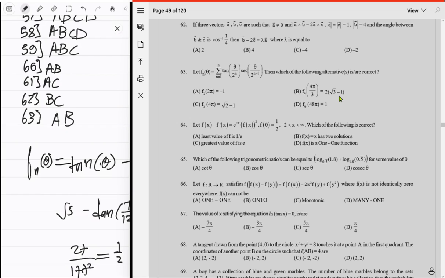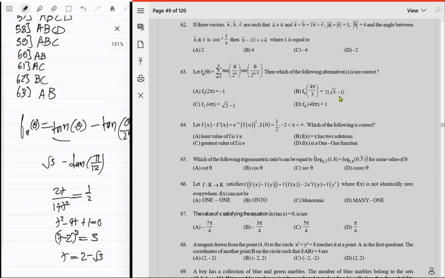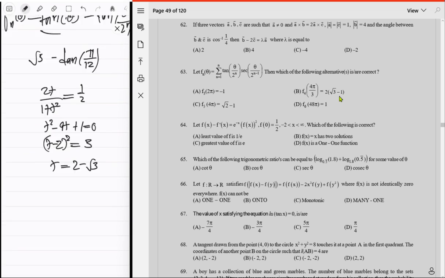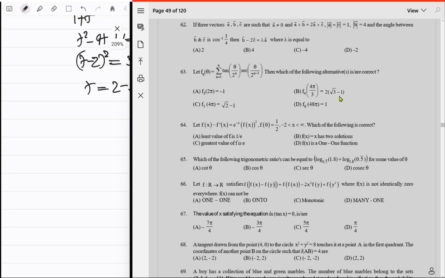Okay, C क्या है, f sub 5 of 4 pi, well ये तो मर जाएगा. What do you get? Tan of 4 pi upon 2 power 5 like 32, so just very weird. Okay, 4 pi upon 32, क्या करूँ मैं, pi upon 8, right? Pi upon 8, pi upon 8 का tan आपको ढूंढना है, just like 2t upon 1 plus t square is sine of pi upon 4, which happens to be just 1 upon square root of 2, right?